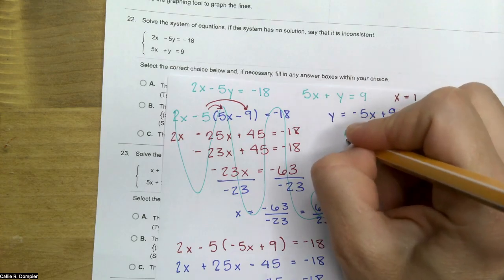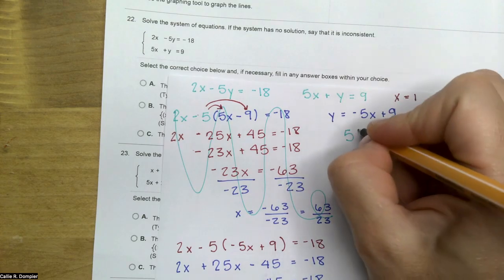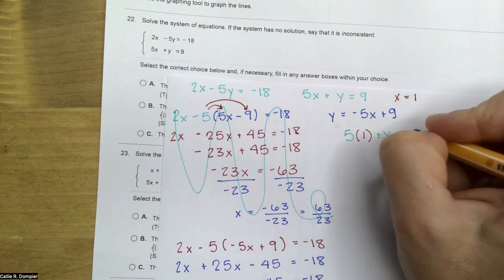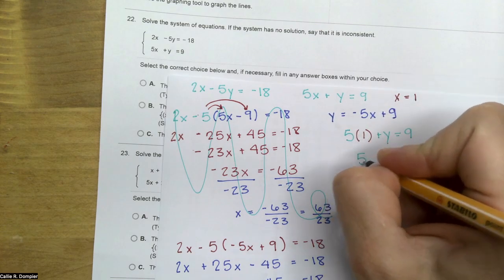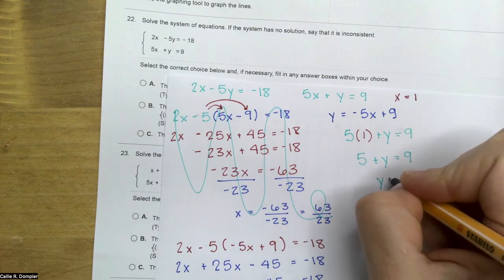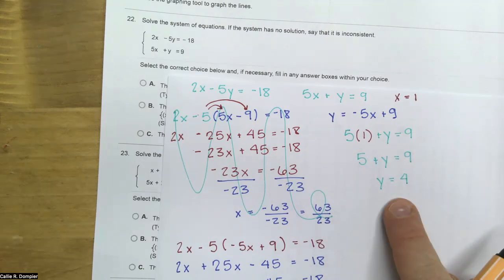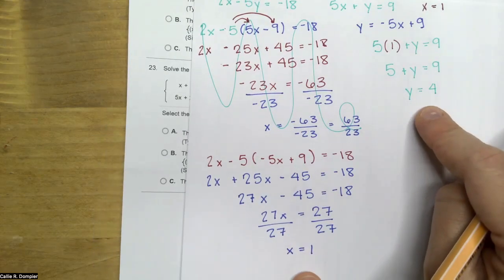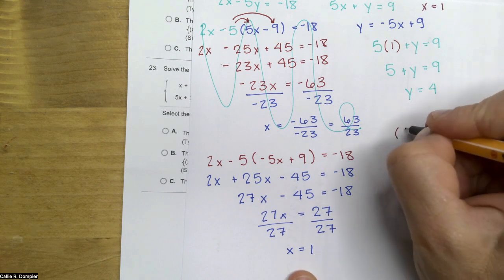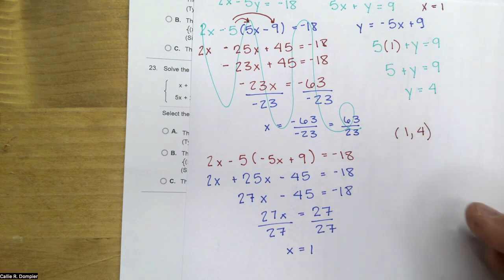So I have 5 times 1 plus y equals 9. 5 plus y equals 9. Subtract 5 from both sides and I get y equals 4. And so the solution to that system of equations is x equals 1, y equals 4, which is the point 1, 4.